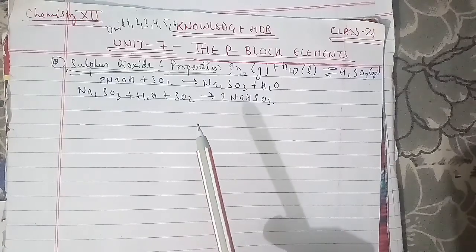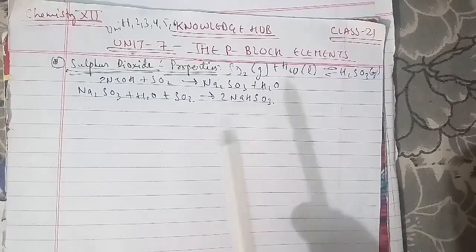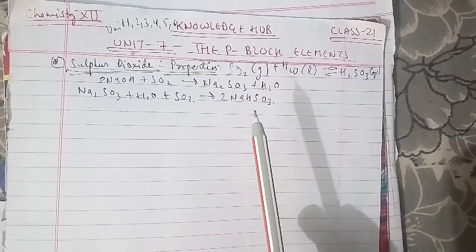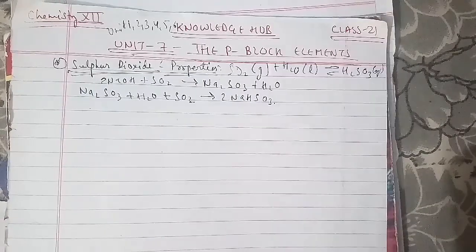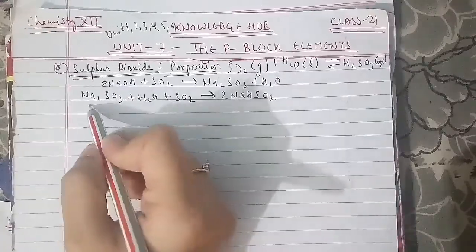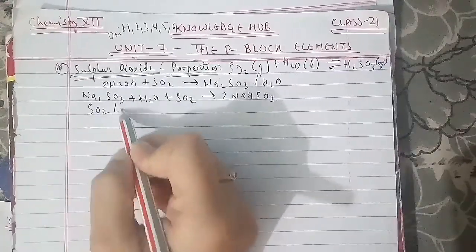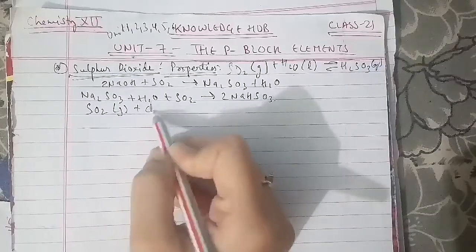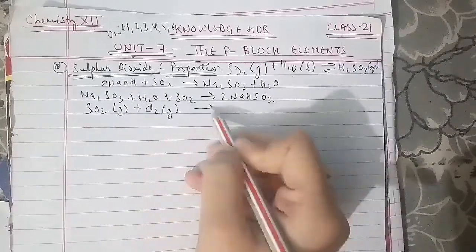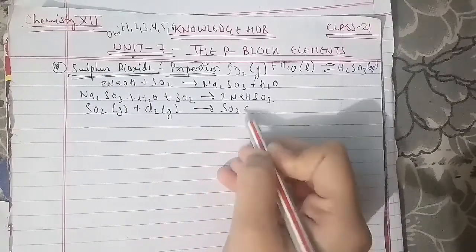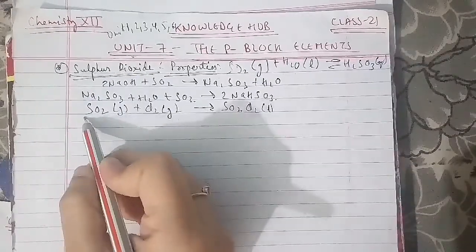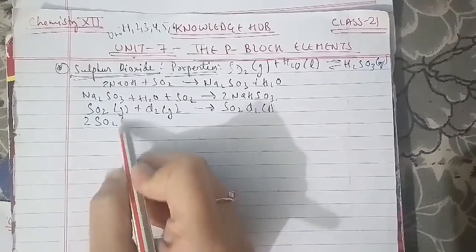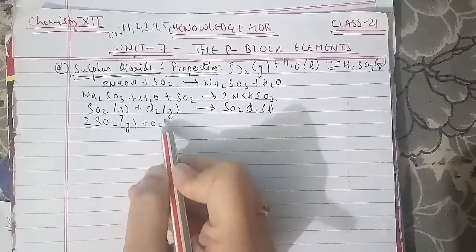That is SO2 gas plus Cl2 gas will give SO2Cl2 liquid. And 2SO2 gas plus O2 gas will give, in the presence of V2O5, 2SO3 gas.